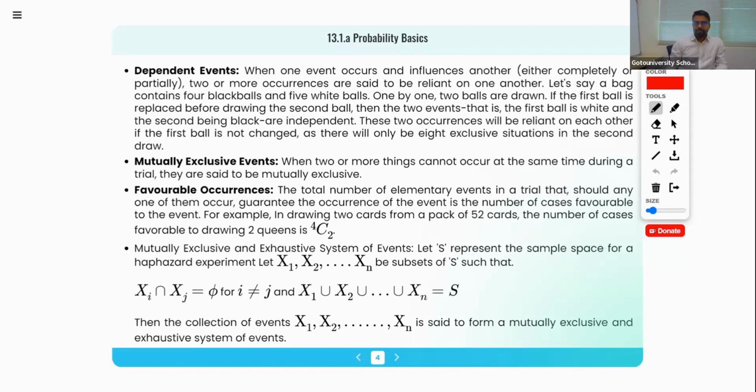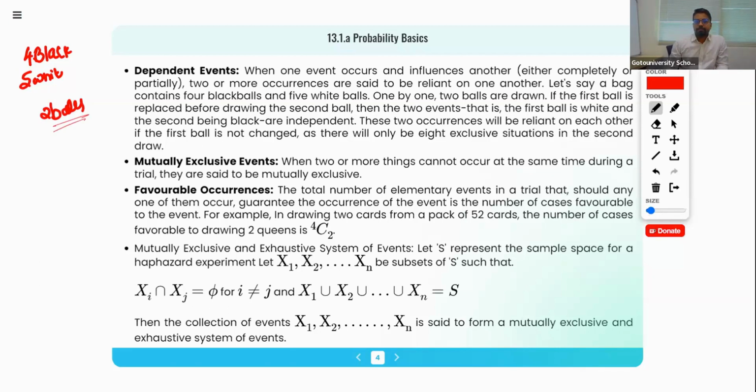For example, let me take the same example here. A bag contains four black balls and five white balls. Now you are going to choose two balls, one after the other. What is our question now?